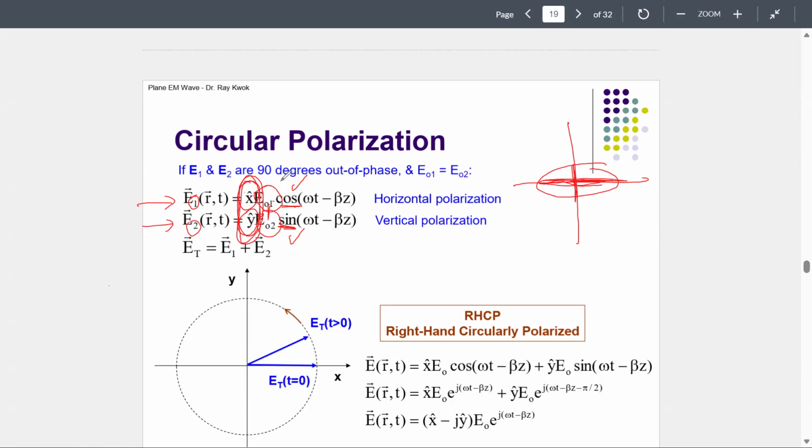The two waves must be 90 degrees different in phase, one sine and one cosine. They must be 90 degrees apart in space, perpendicular to each other. And the two amplitudes must be the same. If any one of these conditions fails, it is not a circular polarization, most likely elliptical. Okay, remember this.